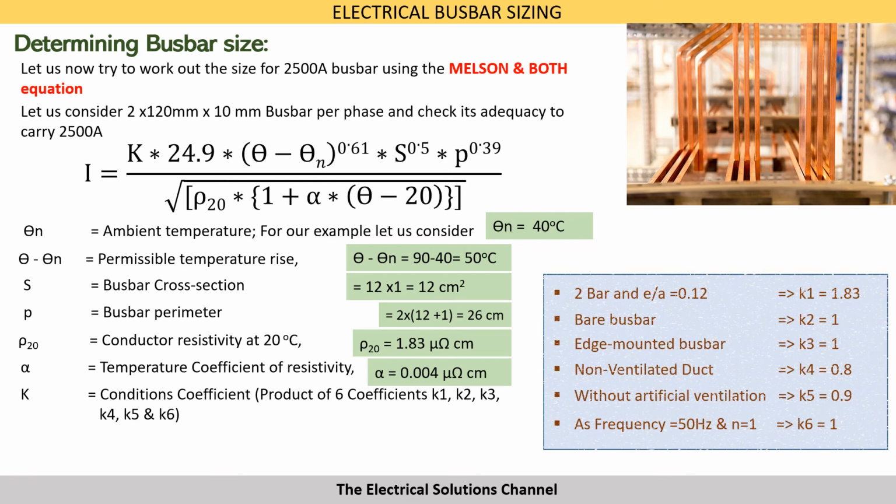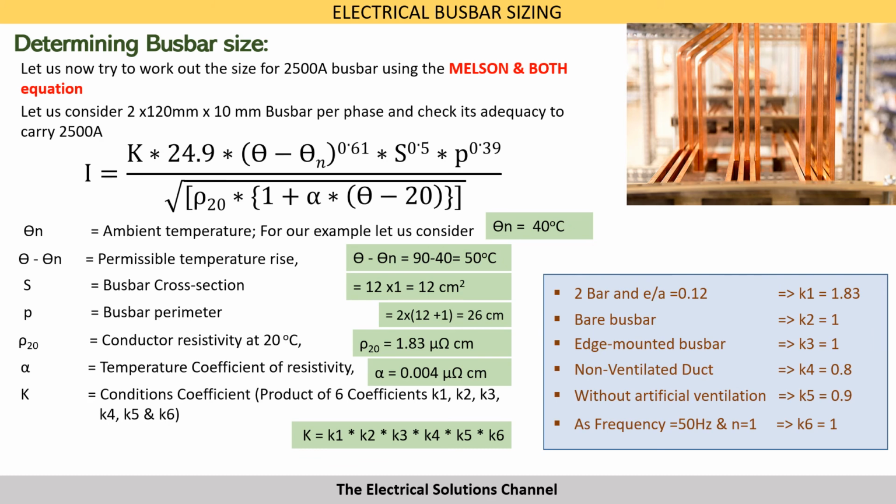Let us now try to calculate the value of K. In our example, K1 is equal to 1.83 as we have two busbars and the e by a ratio is equal to 0.12. K2 is equal to 1 as the busbars in our example are bare busbars. K3 is equal to 1 as we have edge mounted busbars. K4 is equal to 0.8 as in our example the ducts are non-ventilated.